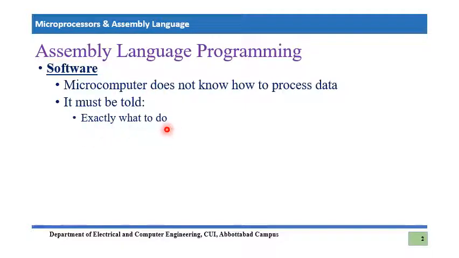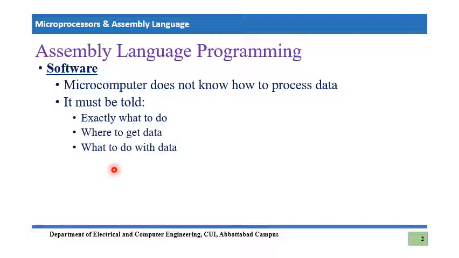We know that a microprocessor is a machine which performs according to instructions. So it needs to be instructed, it needs to be told what to do: from where it gets data, and what to do with the data which it gets from different positions.